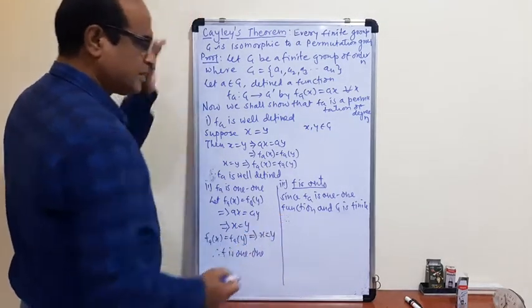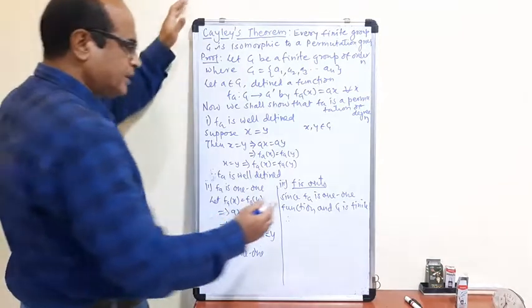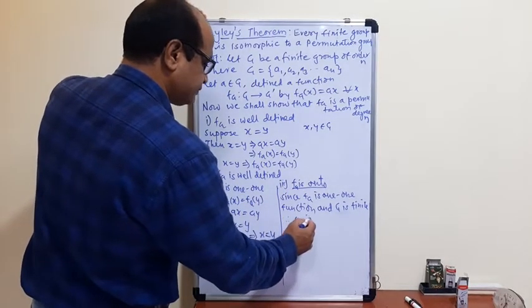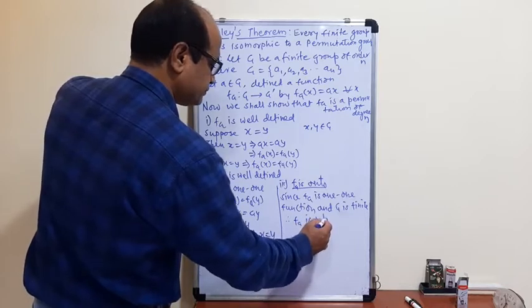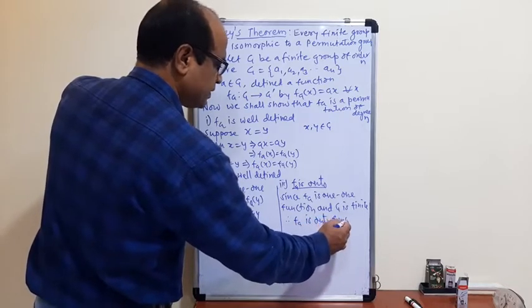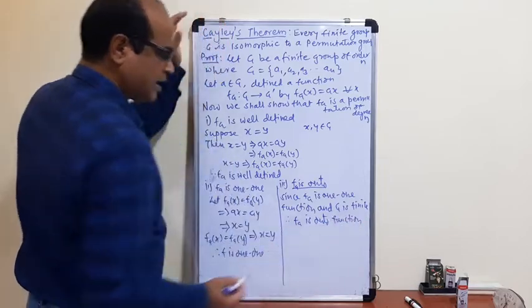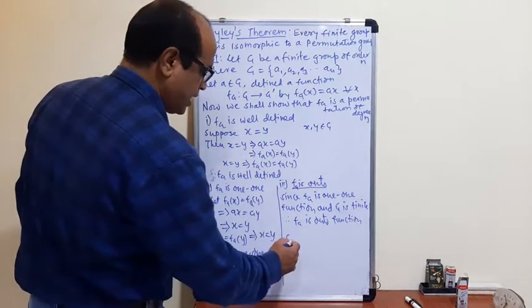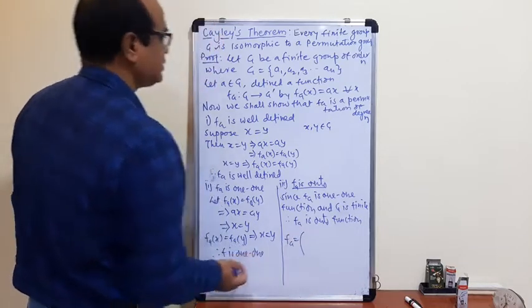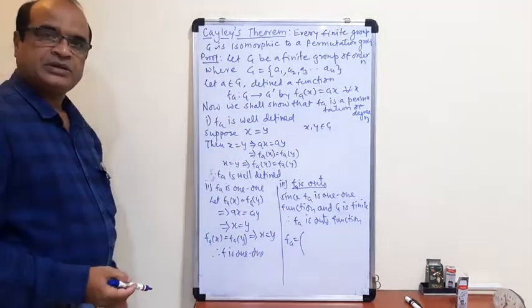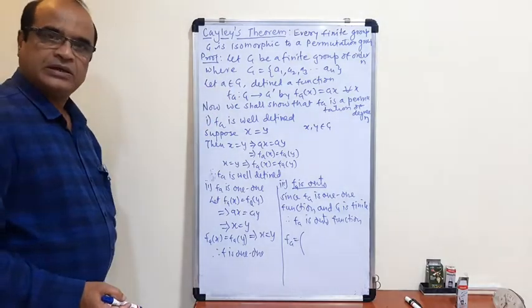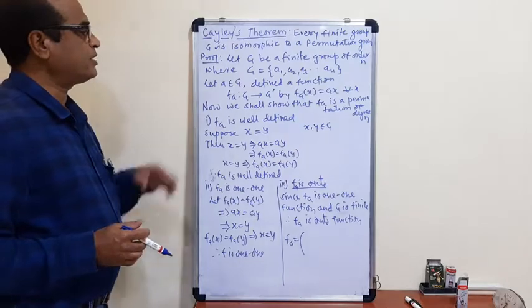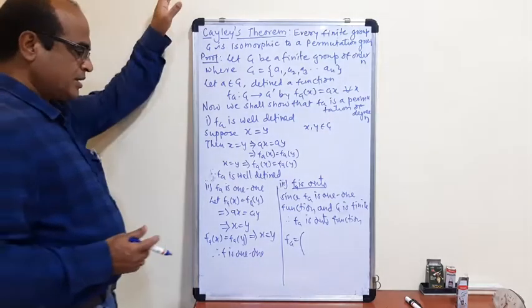Therefore, clearly f_a is an onto function. So f_a is a permutation from group G to G dash, where G is a finite group.